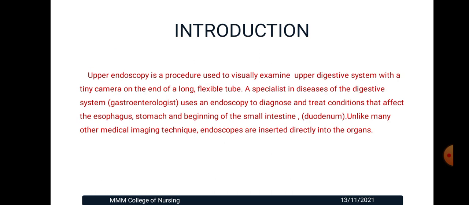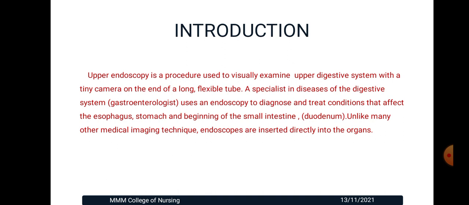Introduction. Upper endoscopy is a procedure used to visually examine the upper digestive system with a tiny camera on the end of a long flexible tube.